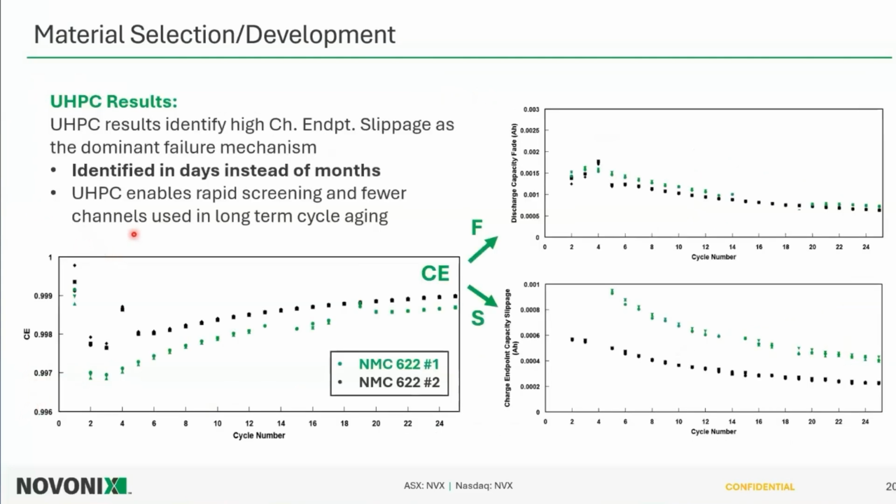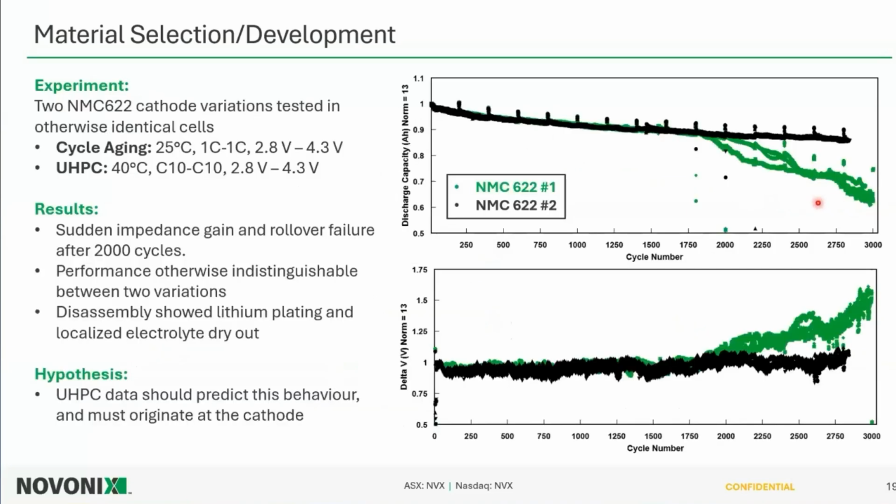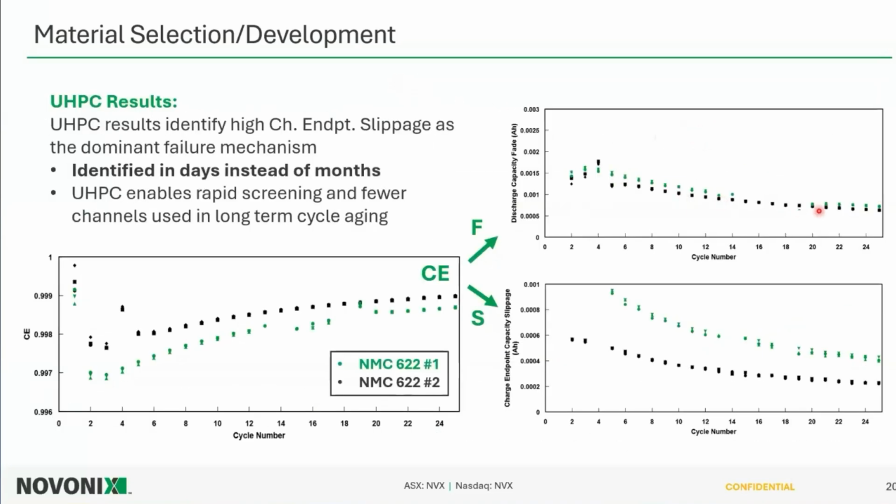And so here, when we look at the UHPC data, we can see the Coulombic efficiency. There's a big difference here. 622 number 1 is a lot lower than 622 number 2. And if we split these up now, instead of just looking at Coulombic efficiency, split them up into fade and slippage, we can see the fade is almost identical. And that's not really surprising because these cells were fading for thousands of cycles very similarly.